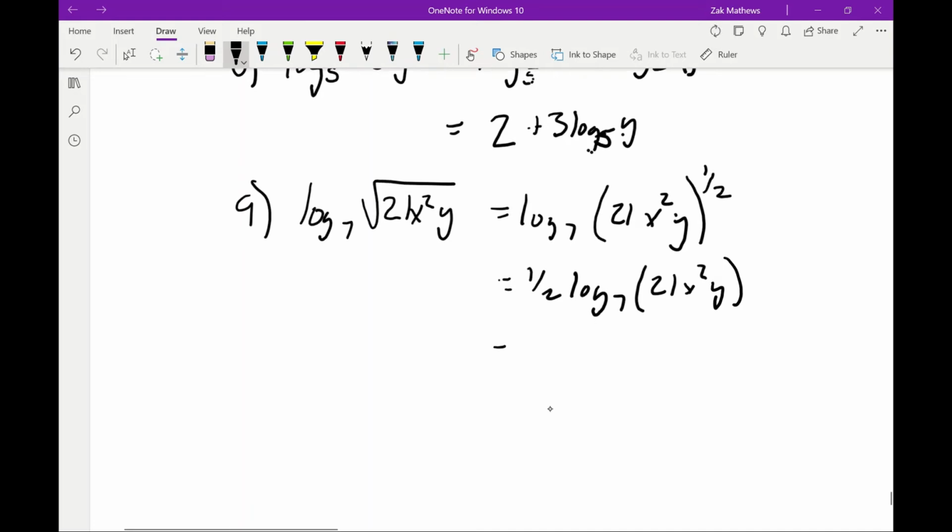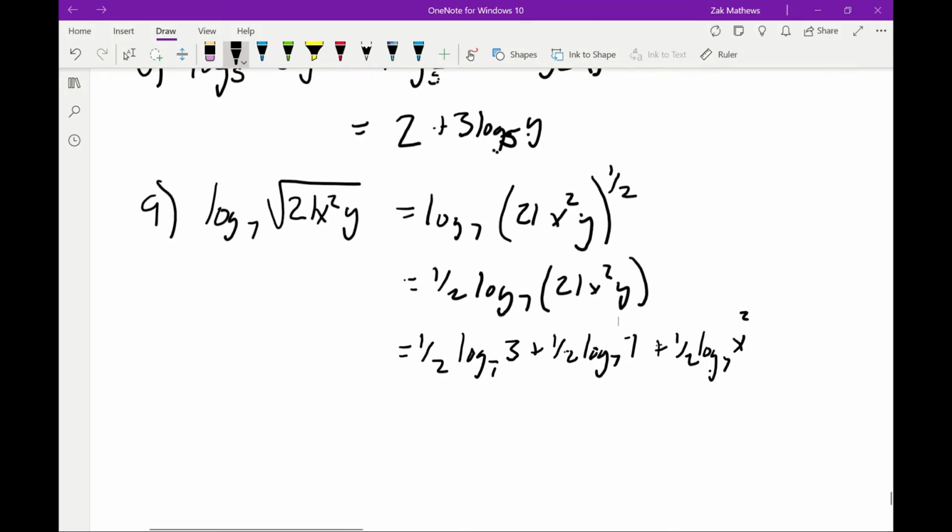Next, I'm going to break apart this log into the, we have 1, 2, 3 different factors, but really we have more. The 21 is the product of 3 and 7. So I'm going to write 1/2 log base 7 of 3 plus 1/2 log base 7 of 7 plus 1/2 log base 7 of x squared, and then finally plus 1/2 log base 7 of y.